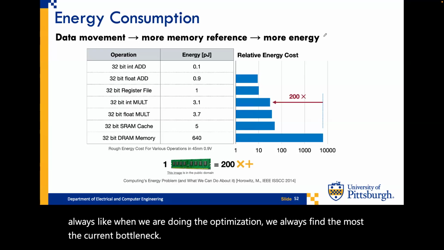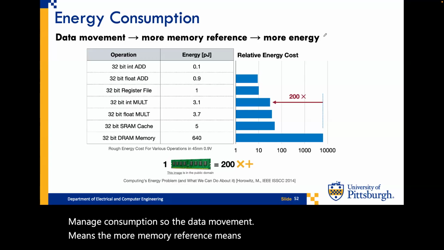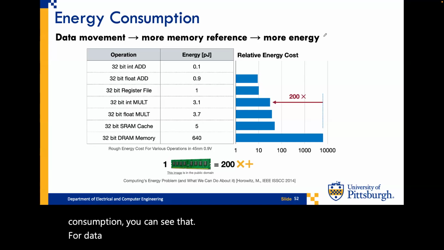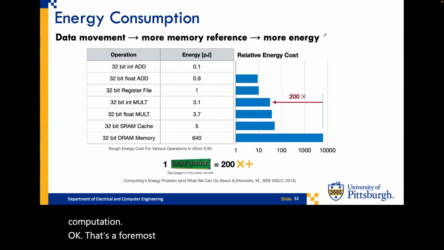Energy consumption. Data movement means more memory references, which means more energy. You can see that data movement from DRAM is significantly higher than computation, almost 200 times higher.